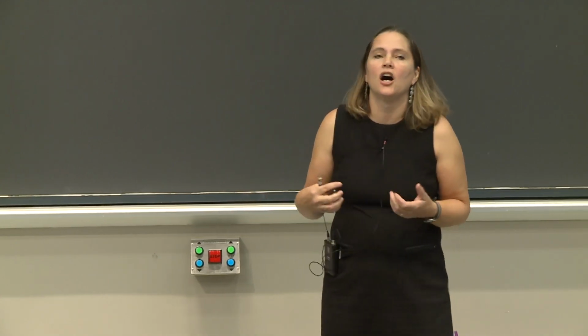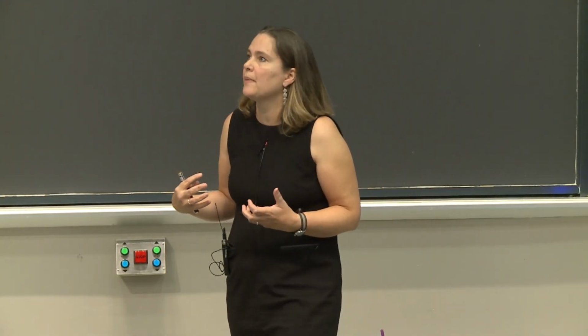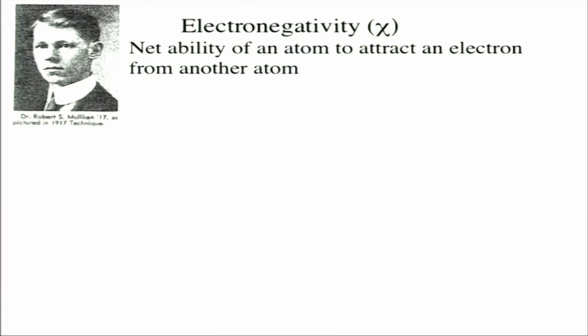And this idea of electronegativity, of this as a term for a way of thinking about atoms, initiated with Linus Pauling. But here I have up a different picture. I have Robert Millikan, and the reason why I picked this picture is because he helped, a few years after Linus Pauling came up with this idea, by coming up with an equation that helped people think better about what electronegativity is.